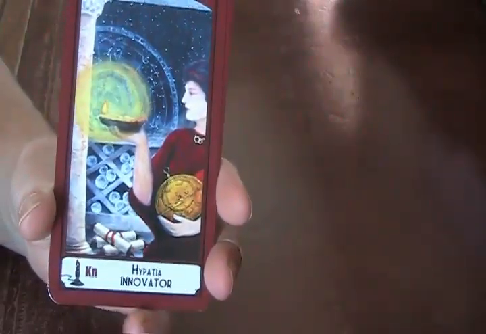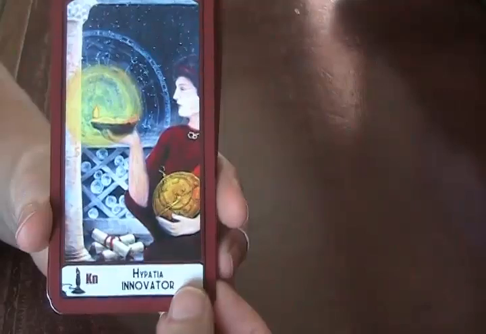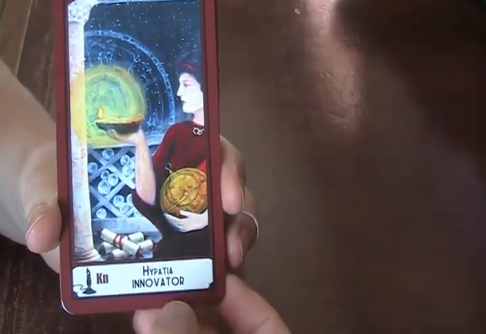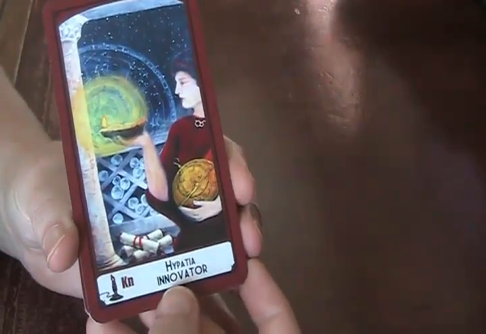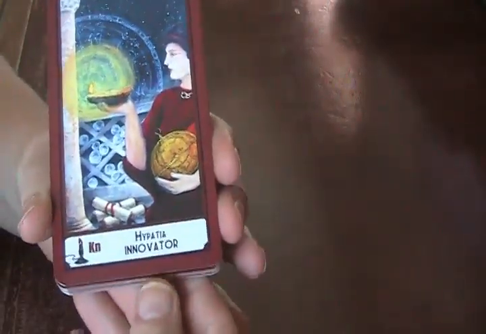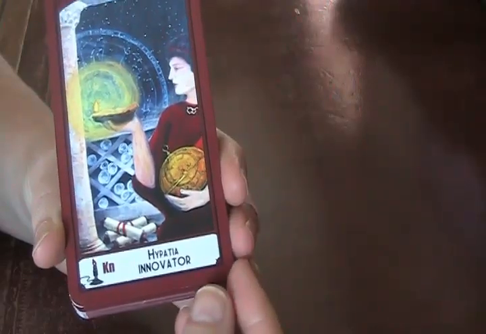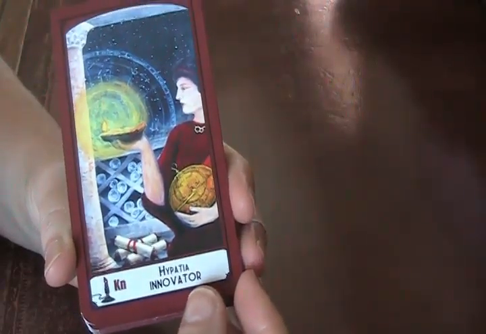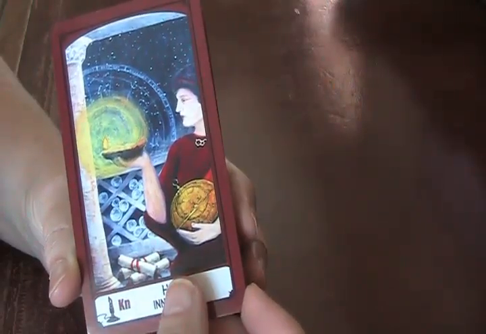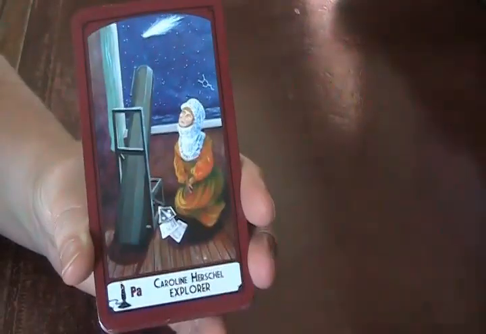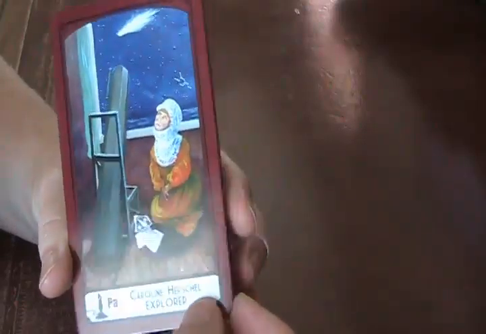Hypatia is probably not proper pronunciation, but she looks like she was a Greek astronomer. Cosmology. Carolyn Herschel.